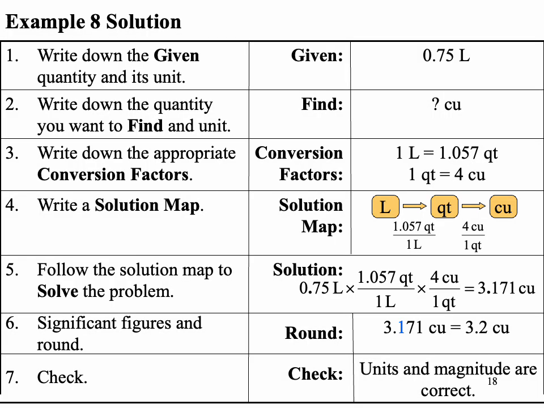If you plug it in, the calculator gives you 3.171. I want 2 sig figs, so my number should end at 1. The following digit 7 is greater than 5, so it will increase. I'll add 1 here, which means my final answer is 3.2 cups.